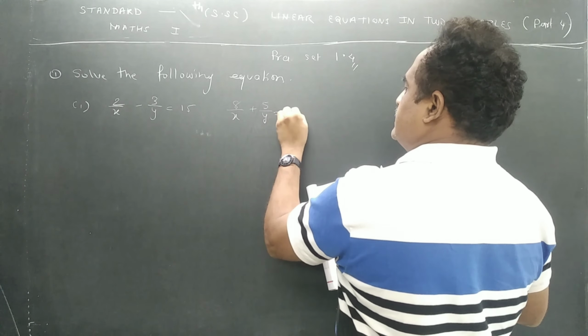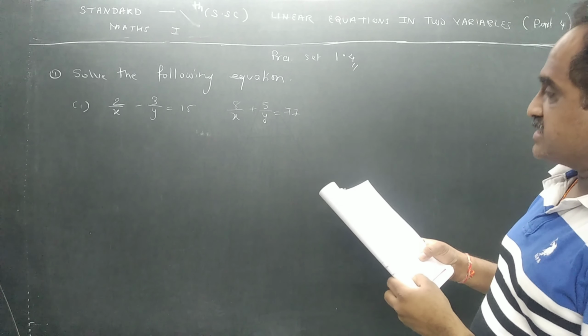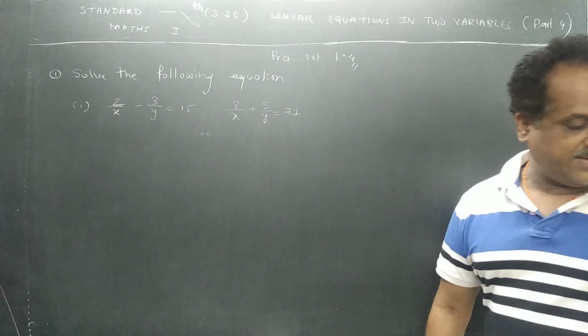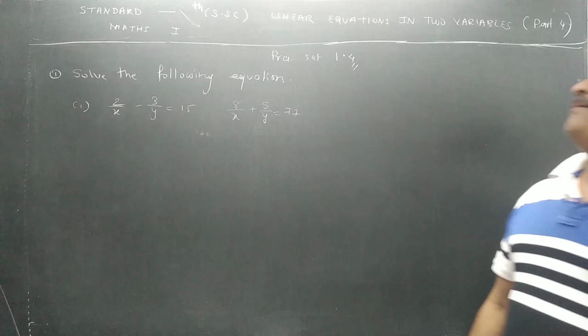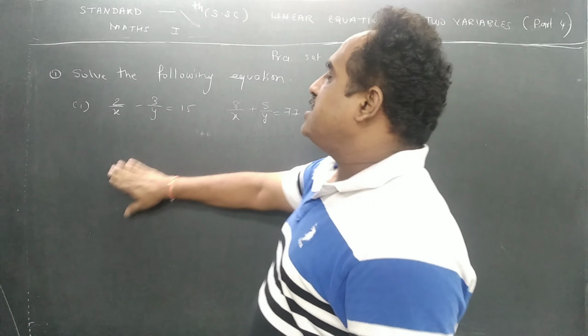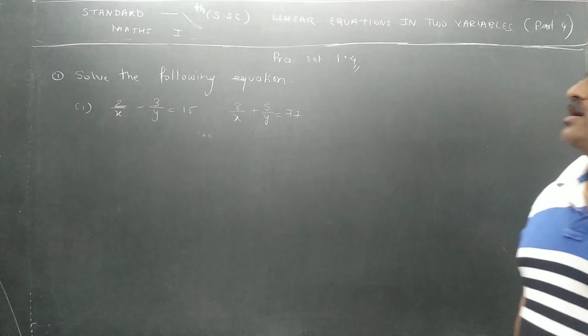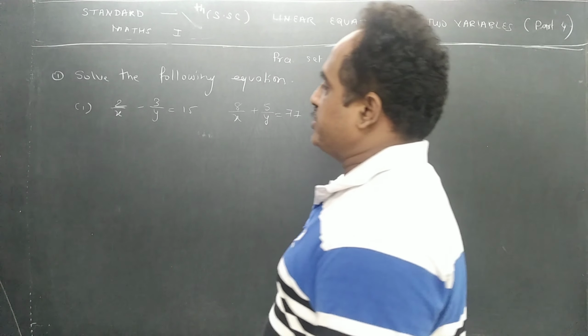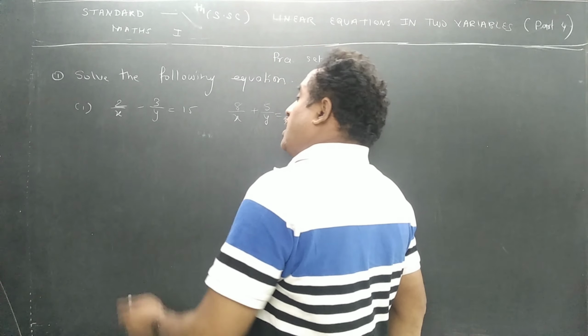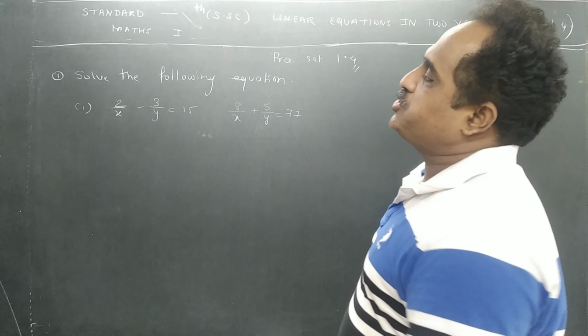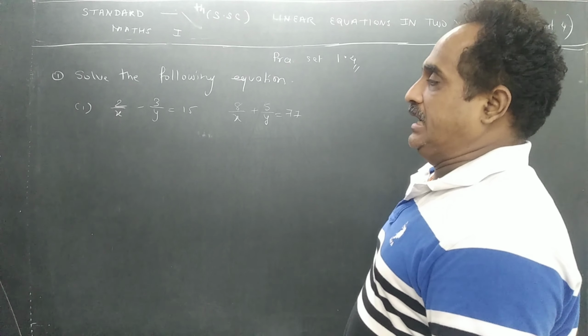I repeat, 2 by x minus 3 by y is equal to 15. 8 by x plus 5 by y is equal to 77. If you see it properly, it is not a simultaneous or linear equation. But we can convert this equation to simultaneous or linear equations.